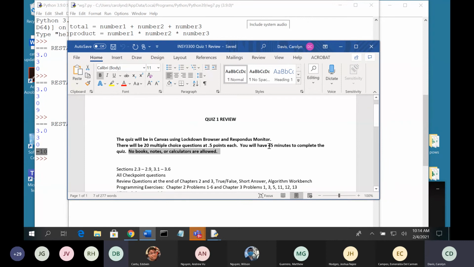Professor, do you know of any way in Lockdown Browser to give yourself a clock? Unfortunately, it covers up the taskbar, and there's no way to check your time that I'm aware of. I thought it had a little clock somewhere at the top or bottom. Not to my recollection from other classes.